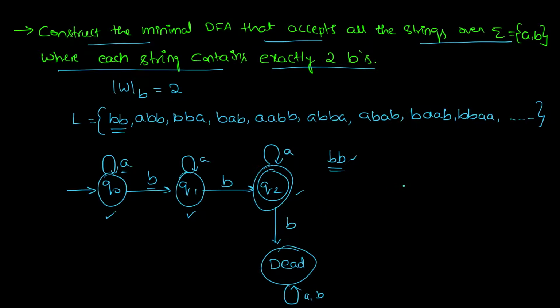On similar lines, we may be asked to construct a DFA for strings containing at least 2 B's, that is, the number of B's in each string is greater than or equal to 2, or we may also be asked to construct a DFA for strings containing at most 2 B's, that is, the number of B's in each string is less than or equal to 2. We will see these two variants now.